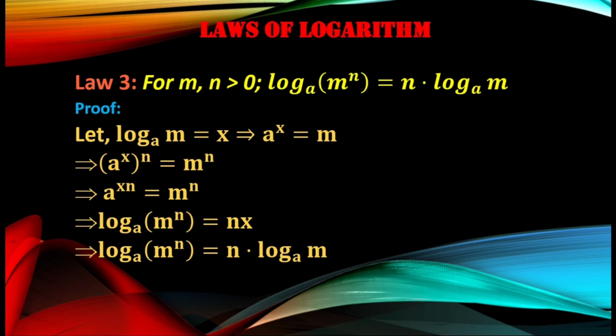This can further be written as log of m to the power n to the base a equals n multiplied by log of m to the base a. Why? Because we took in our first step that x is an independent variable equal to log of m to the base a, so we are just substituting the value of x in the last equation. So this gives us law number 3.